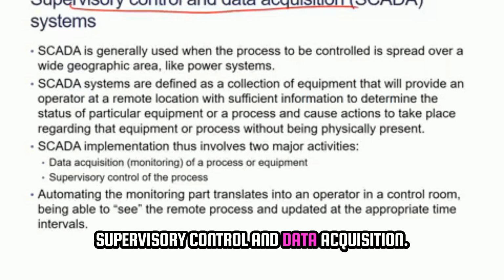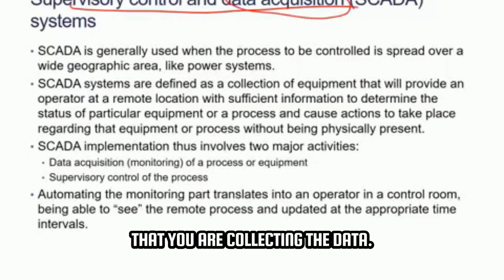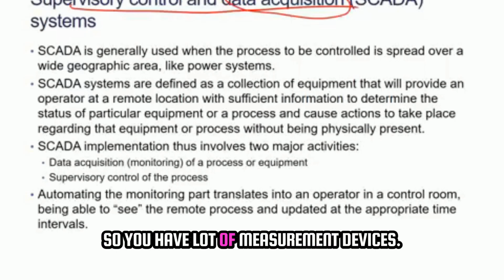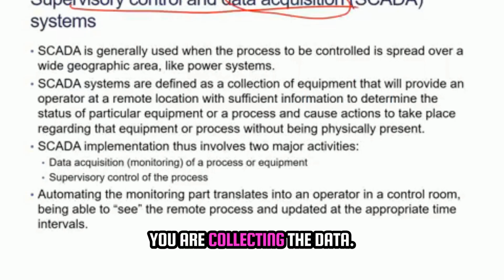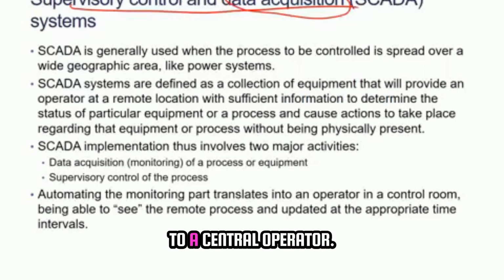Data acquisition means you are collecting the data. You have a lot of measurement devices, you collect the data, and then that data is communicated to a central operator, and that central operator can give some control signal.